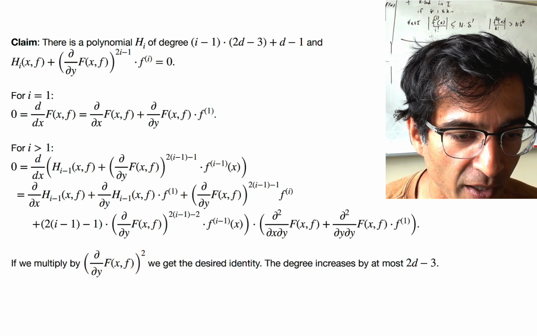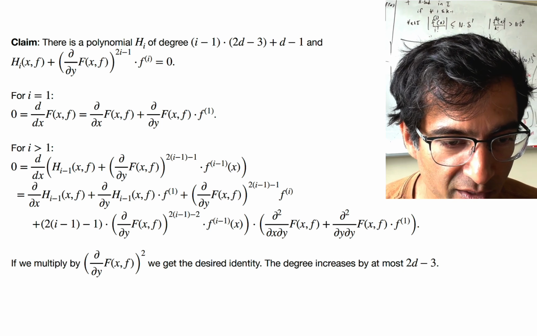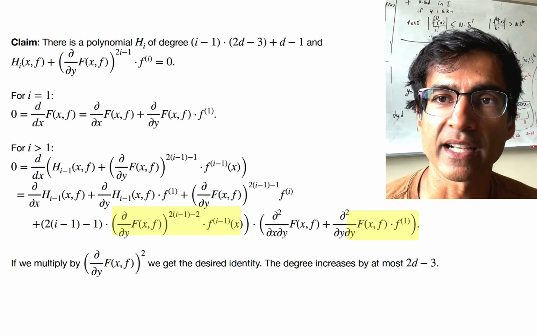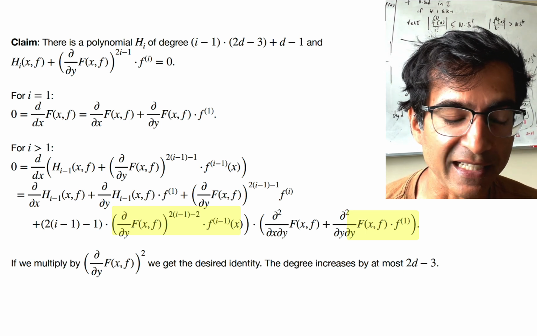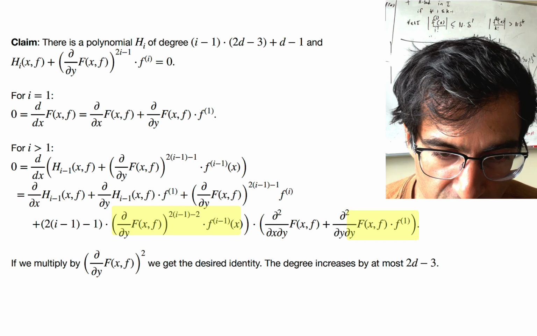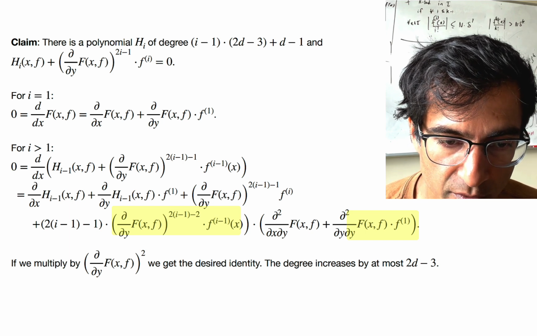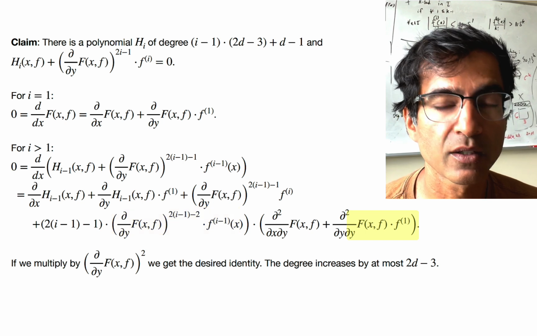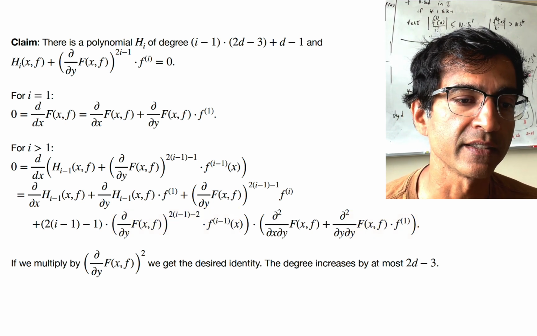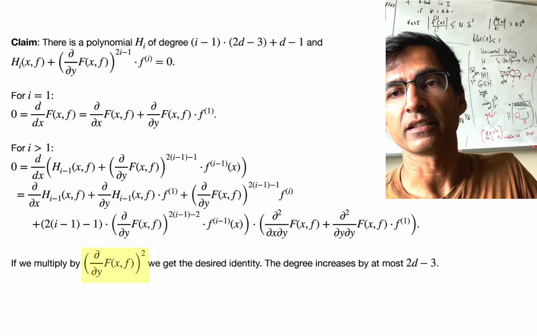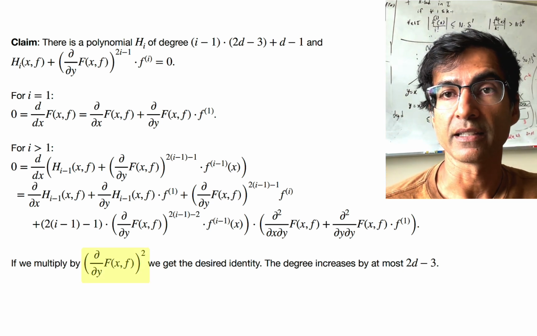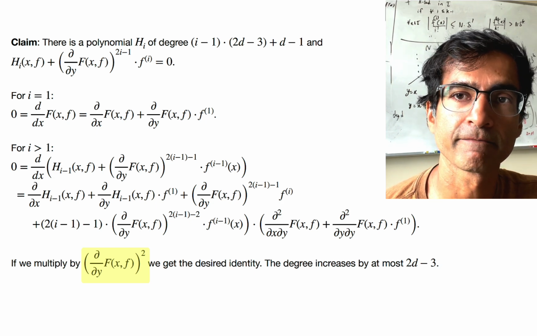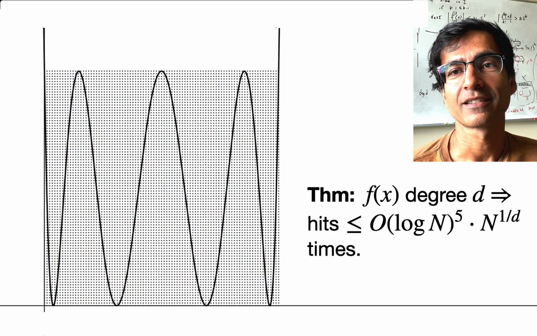And the reason we need two powers is we need to consume one of the powers to express this thing in the form h_i(x, f(x)), and we need another power to handle this part of the formula. So after we multiply this whole identity by this quantity, we recover again an identity of this type, and the degree increases exactly by 2d minus 3. You can check, and that's what gives you the bound on the degree. So that completes the proof.